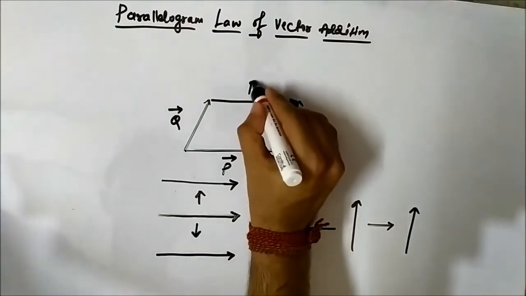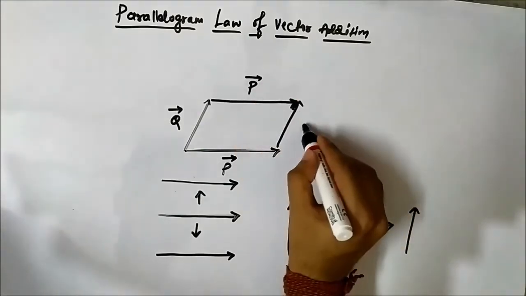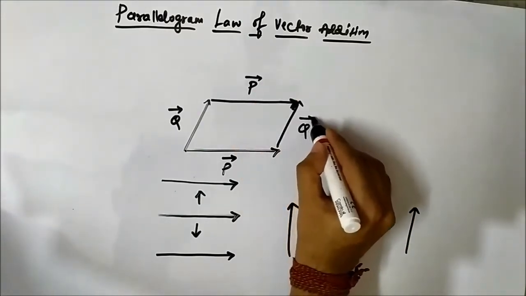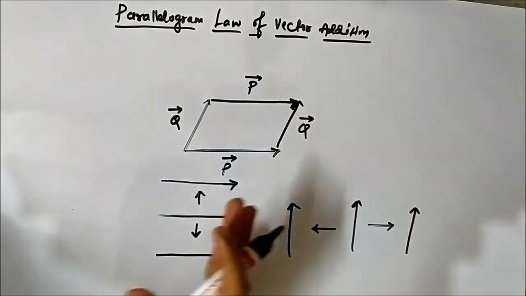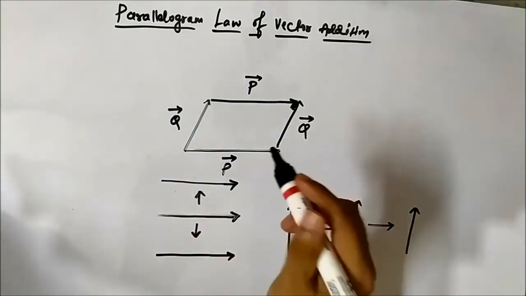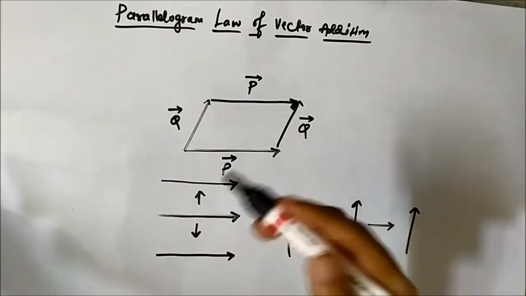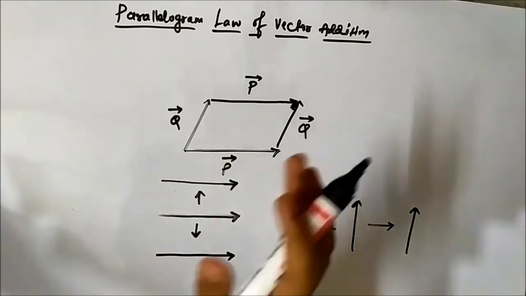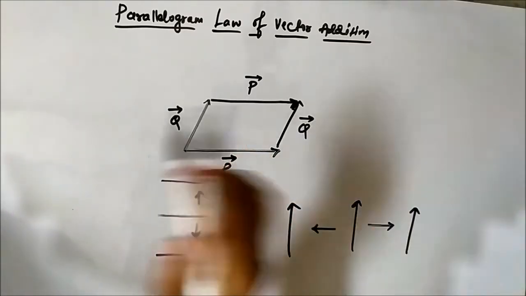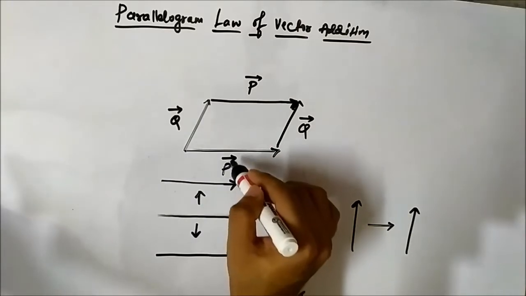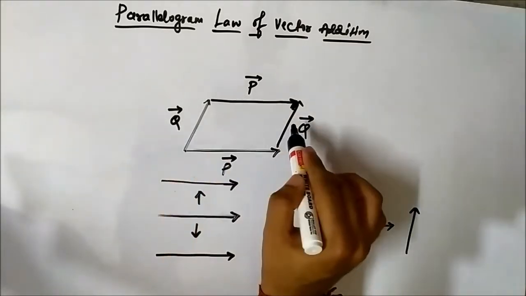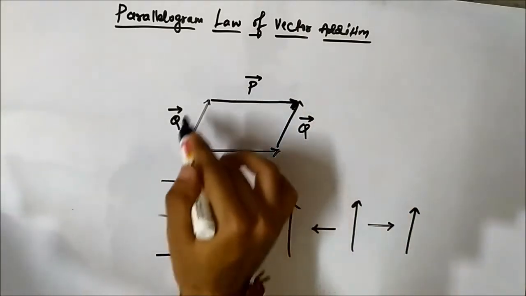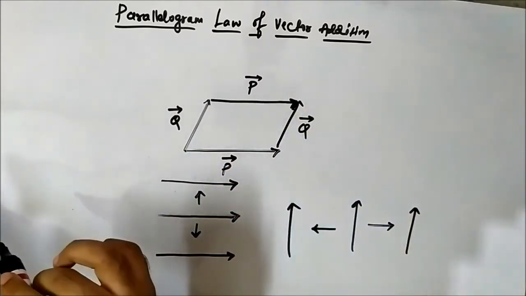This is the P vector, this is the Q vector. All we have done is shift them using the property of shifting of vectors, either from bottom to top, top to bottom, or from left to right or right to left. So we have shifted the P vector upwards and the Q vector towards the right. Now we have formed a parallelogram.